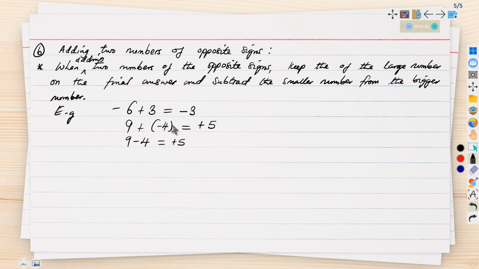Now let me look at another one. Let's move quickly to subtraction. So now we're looking at subtraction.